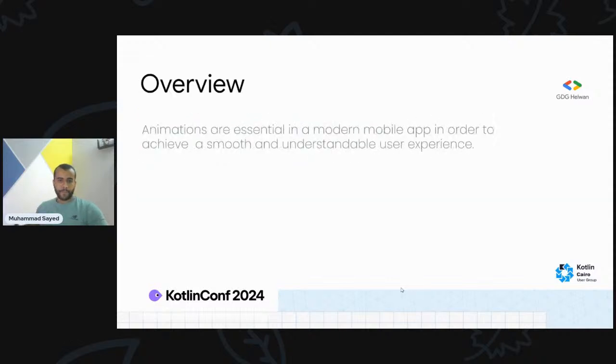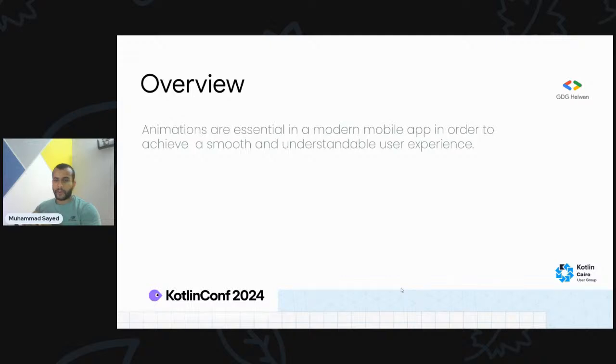So, an overview of today's session. Animation in general is very essential if you'd like to introduce an app that is very appealing to the user and also increase user engagement. It makes the app very smooth and understandable from the user perspective.